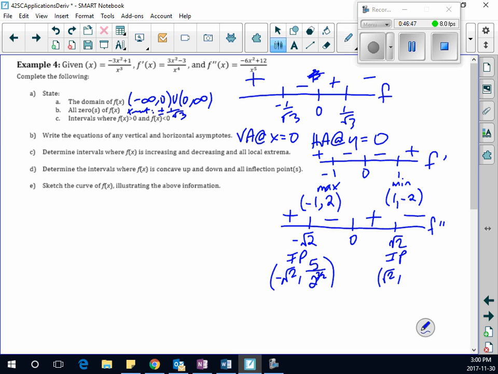And then root 2 goes in there, the same thing but negative.